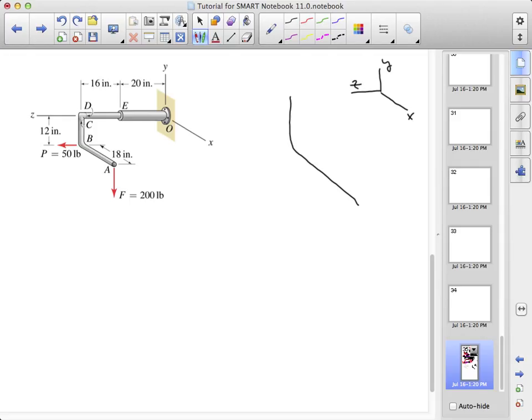We have a force of 200 pounds in the minus Y direction out here at A. We have a force of 50 pounds in the Z direction at B, and we'll have a full complement of internal forces at C. We have a normal force in the y direction and shear forces in X and Z. We also have moments in all three directions.